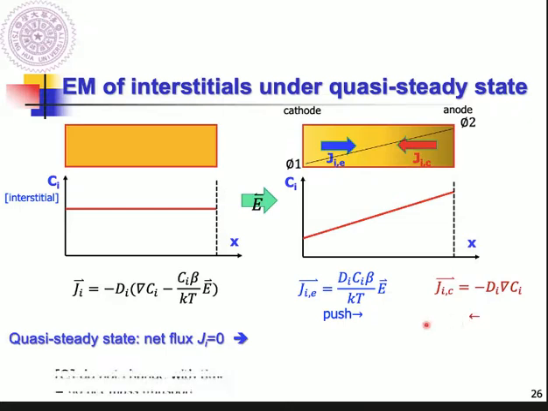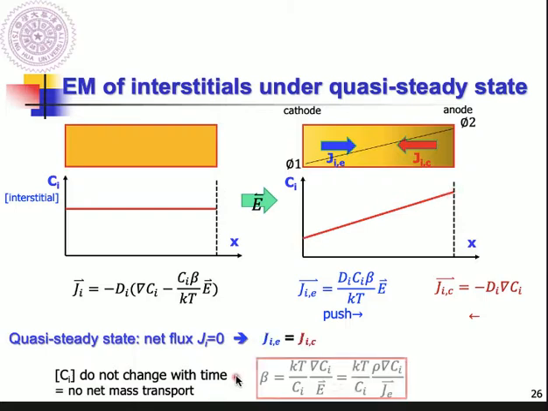That also means this concentration profile does not change over time. Then you can get the value of the effective charge beta, because you can use EPMA to determine the concentration gradient, and the electrical field you apply is known. So you can simply get the value for this effective charge beta.